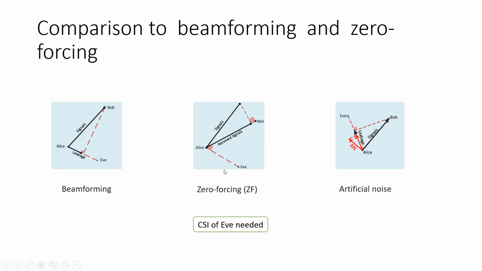On the other hand, if we knew the channel of the eavesdropper, we can design zero forcing, in which you can totally cancel or remove our legitimate signal from the eavesdropper, so they will not be able to listen. But in this case, you need to know the channel of the attacker.